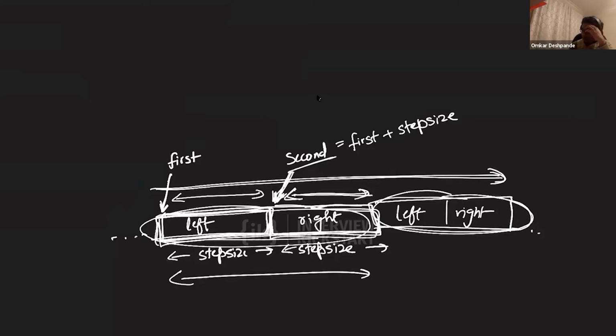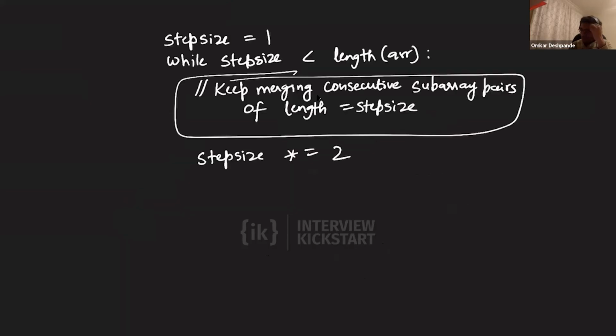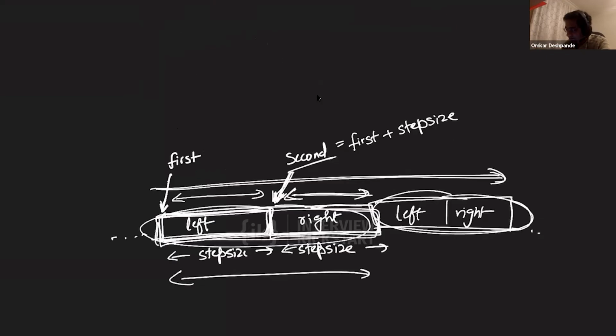This is what we need to zoom into: keep merging consecutive subarray pairs of length equal to step size. How do we do this? I'm going to have my first variable and the second variable, which will start out being equal to 0 and 0 plus step size, which is step size.